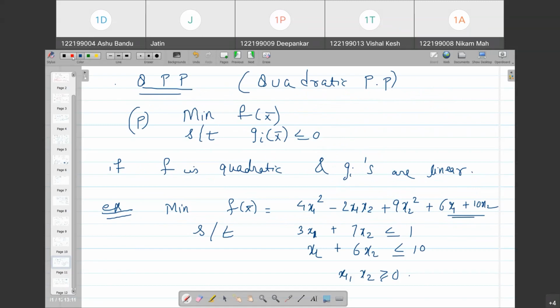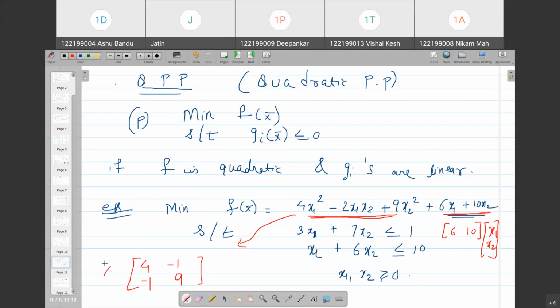You can write this as 6 and 10 as a row vector, multiplied by the column vector x1, x2. So this is nothing but the last two terms. What about the first three terms? You write the x1 square coefficient here, the x2 square coefficient here, and you divide the coefficient of x1, x2 by 2.